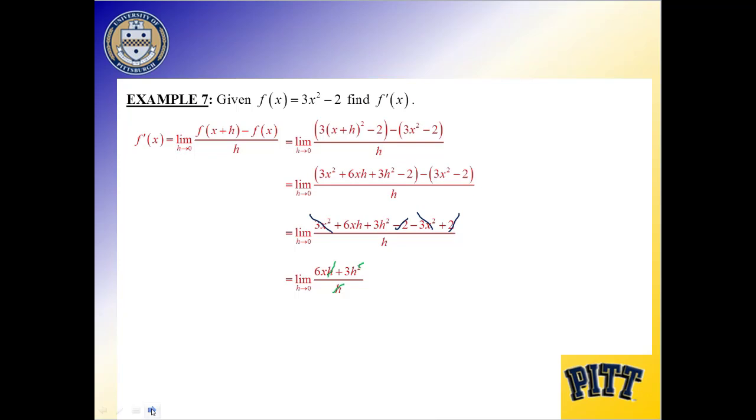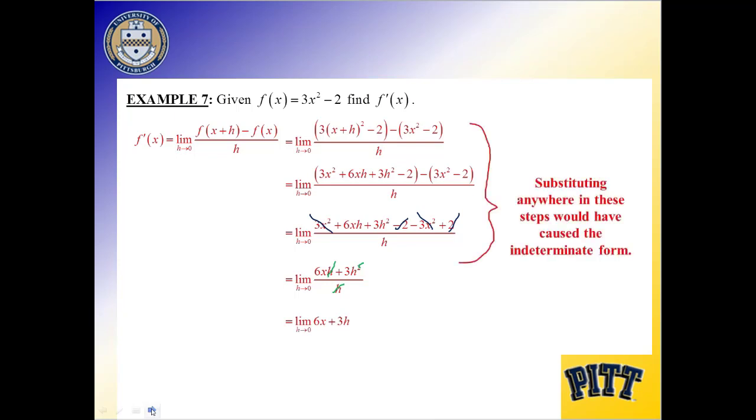The reason it was important to get that h to cancel is that now we're left with the limit as h approaches 0 of 6x plus 3h. If I had put the 0 value in for h anywhere in these previous steps, I would have ended up with the indeterminate form 0 over 0. And when you get that 0 over 0 indeterminate form, remember, your whole goal is to cause a cancellation to make that 0 over 0 disappear.